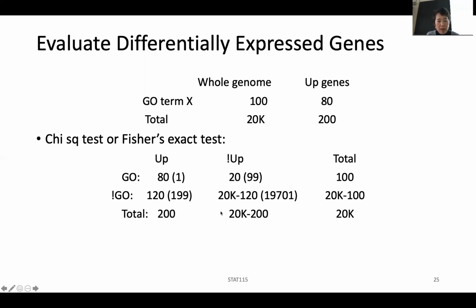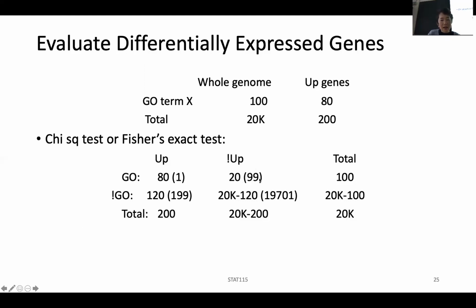So 100 times 200 divided by 20,000. By chance, you only expect to see one upregulated gene with this gene ontology term. But what you observed is 80. It's a really, really high enrichment, right? You can also calculate another term.